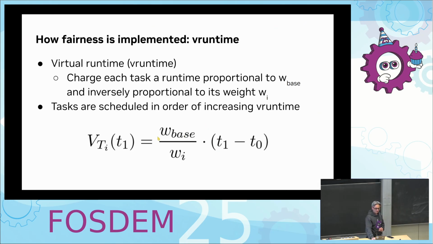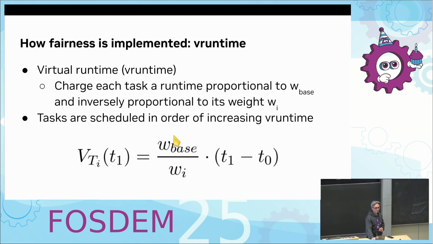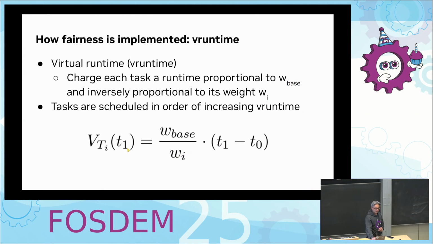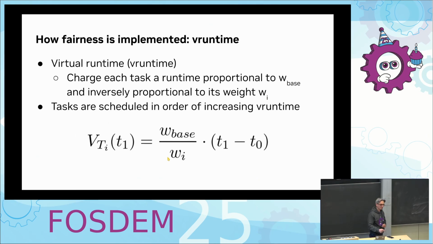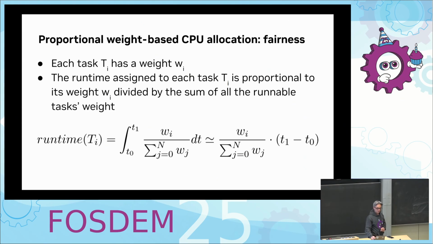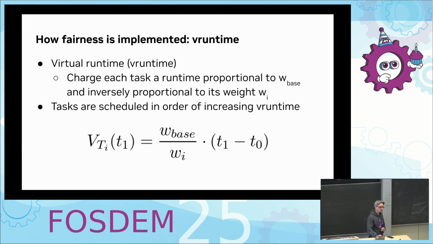We can fix a baseline weight that is traditionally 100, and then we account the runtime used by each task by scaling the time interval that the task is using inversely proportional to its weight. And that's how intuitively you can see it. So this is the same formula, basically. It's just a different implementation.